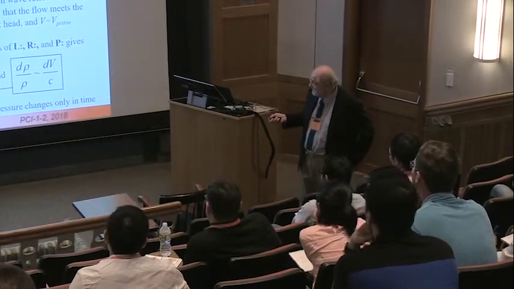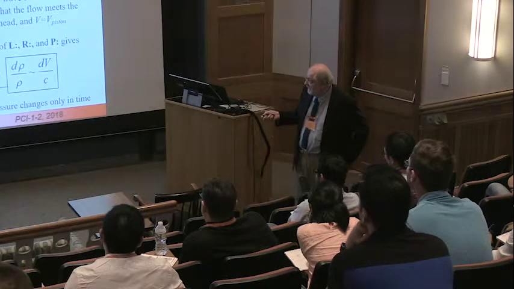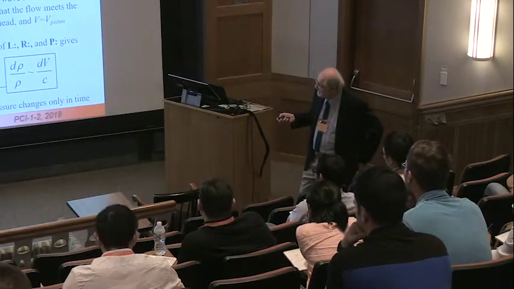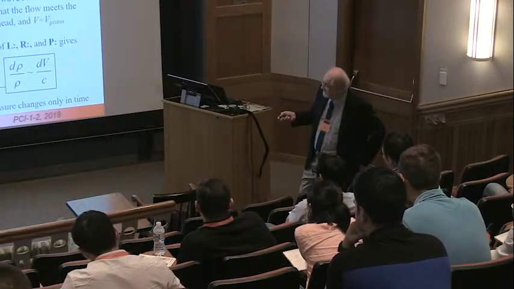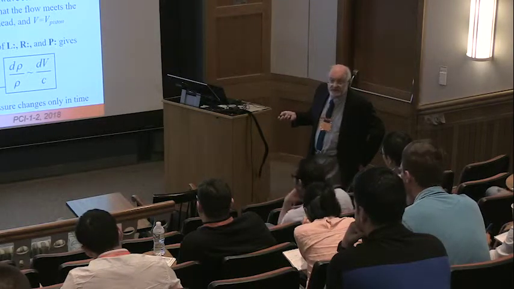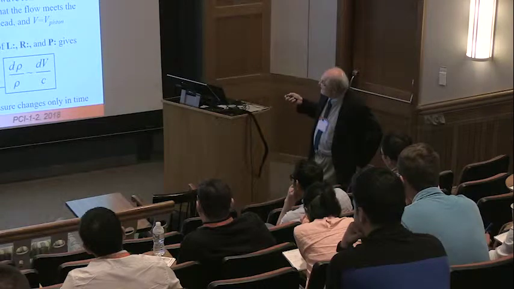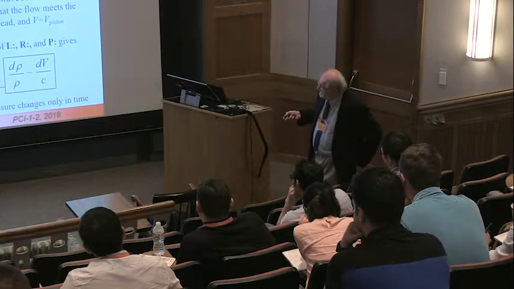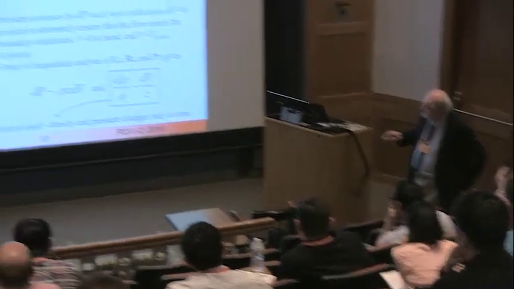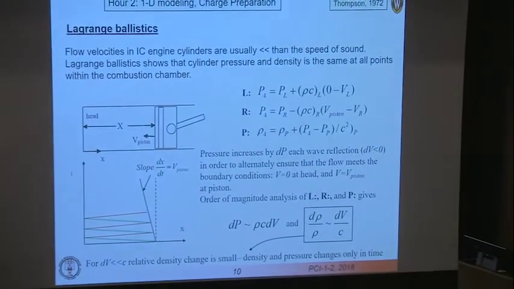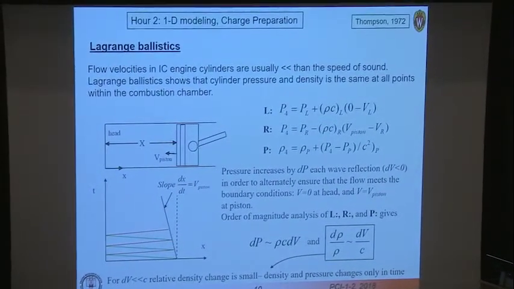And so during this traverse, backwards and forward, information about the movement of the piston is being transferred to the gas, which is increasing its density and pressure. And the equations are, as I've written over here. If these lines are more or less horizontal, what that means is that the speed of sound is much larger than the piston velocity.